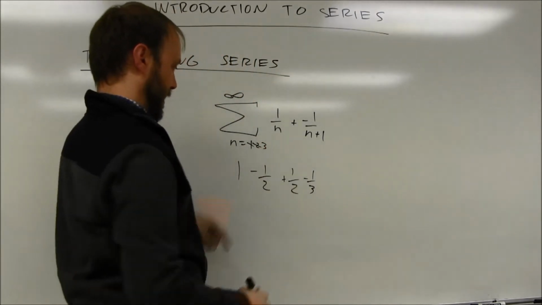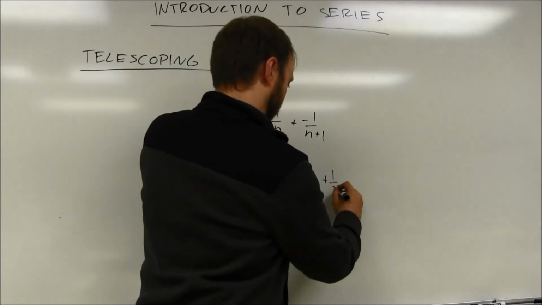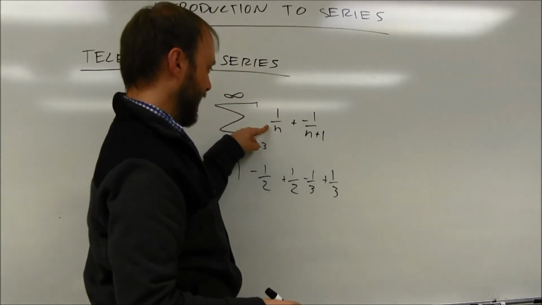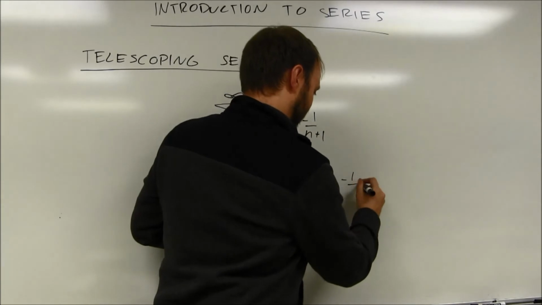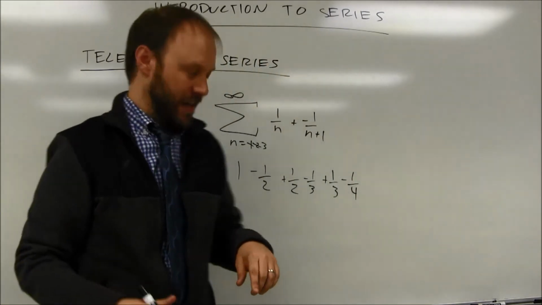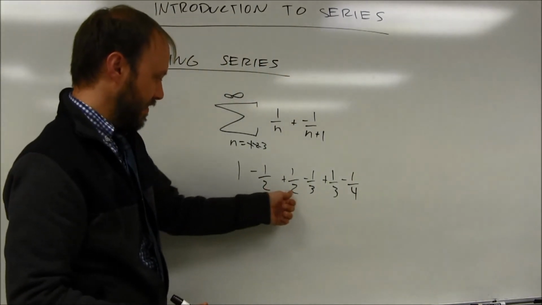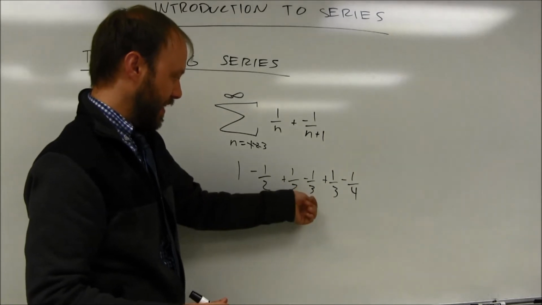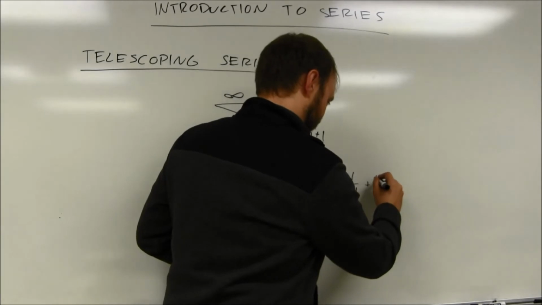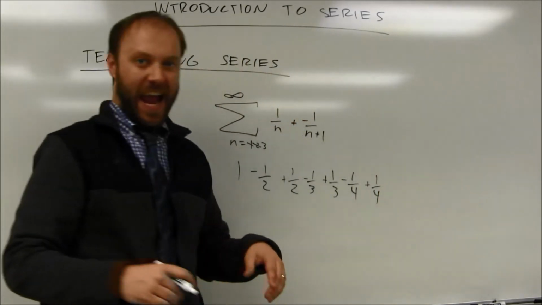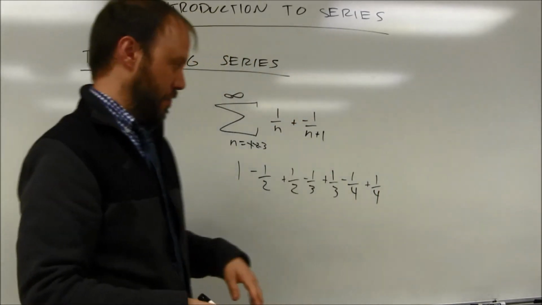I make n 3, I get positive 1/3, and then I get -1/4, okay? And now hopefully you can see what's going on here. I'm going to end up getting another positive 1/4, and this is just going to continue, okay?